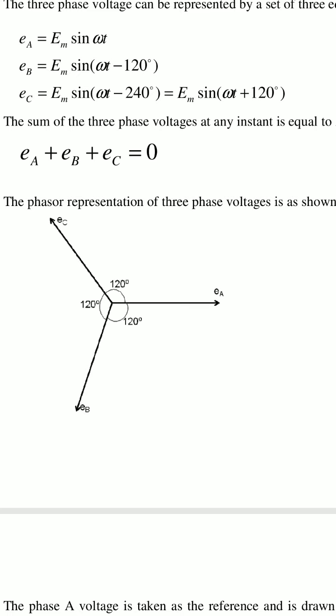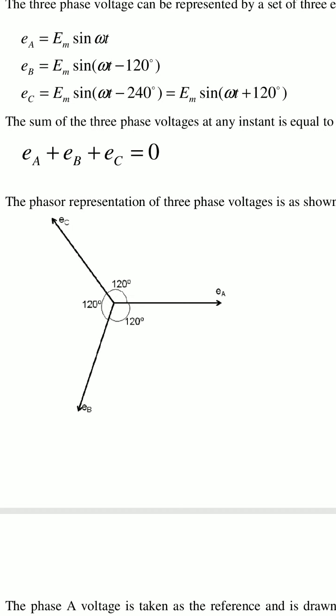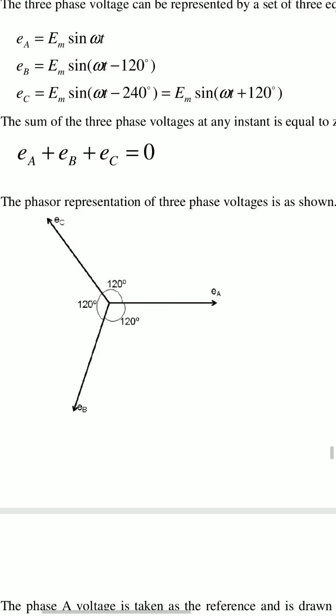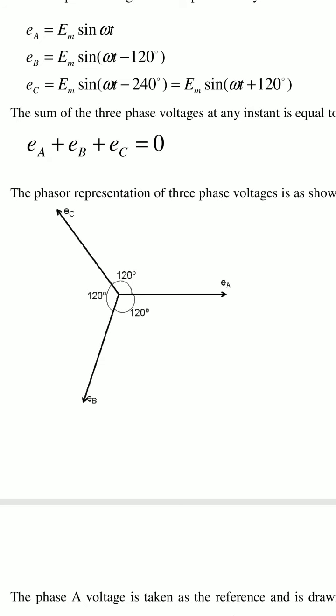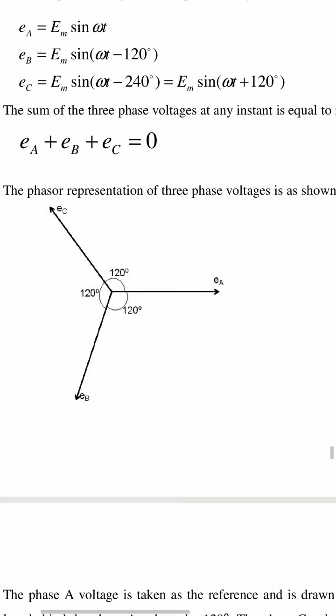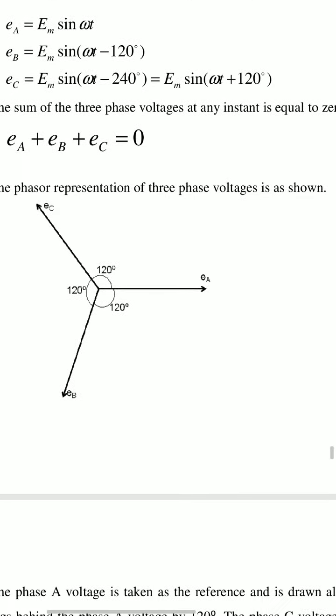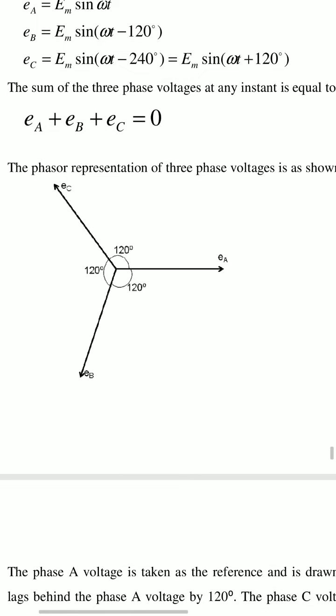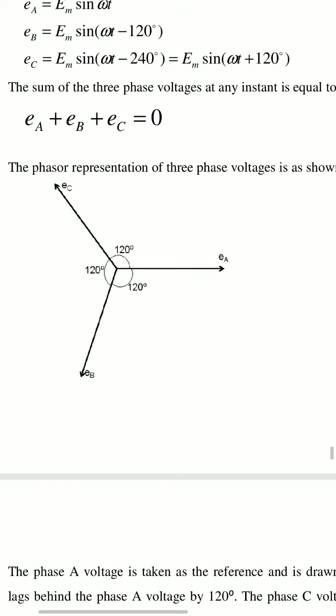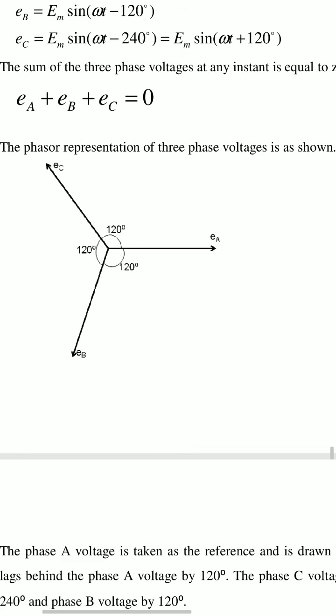That means minus 240 degrees displacement. So in C phase we can write it another way, that is EM sin (omega t plus 120 degrees). Here the sum of the three phase voltages at an instant is equal to 0, that is EA plus EB plus EC is equal to 0.